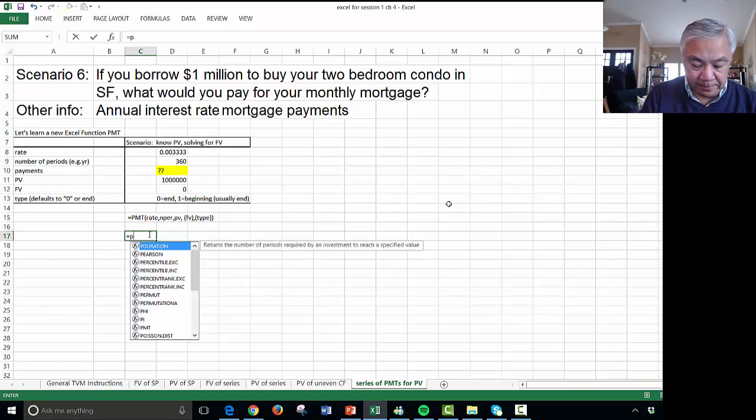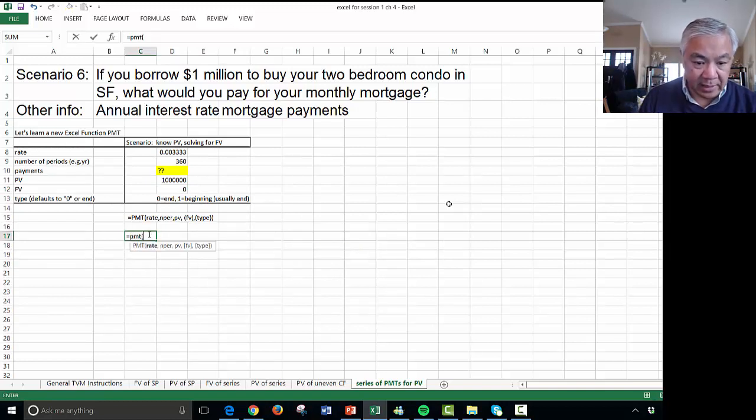So it's equal PMT, open parens, and again, it'll coach us through. The monthly rate is that, which is 4% divided by 12. The number of periods is 360, comma. The present value is $1 million, comma. The future value is 0 because there are no subsequent payments, and accept the default.